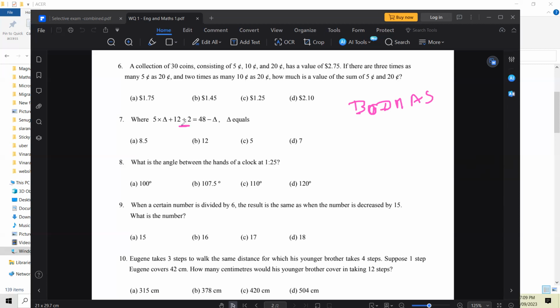And next multiplication. It is here, right? Now, addition, you are subtracting. It is this side. You don't worry about this side.